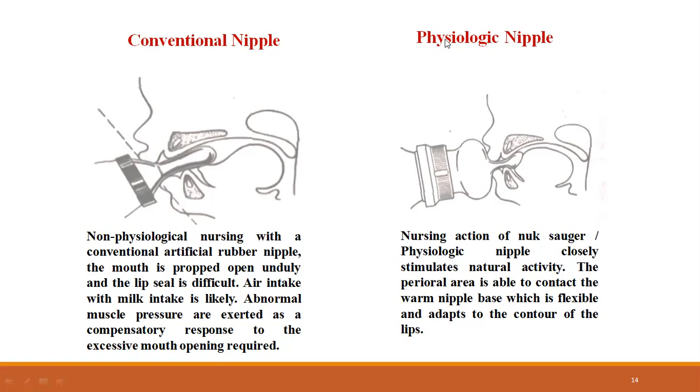But in the case of a physiological nipple, the nursing action closely stimulates natural activity. The perioral area is able to contact the warm nipple base, which is flexible and adapts to the contour of the lips. So there is less chance of intake of air.